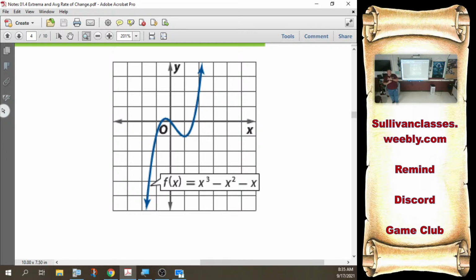I can do a similar thing with the table. This is where the estimation comes in. I would see my table is increasing, increasing, increasing, increasing, and then decreasing. So maybe I'd make my table go by tenths. And then I would just look at the table and estimate when it stopped increasing and started decreasing. So I could use that to find it.